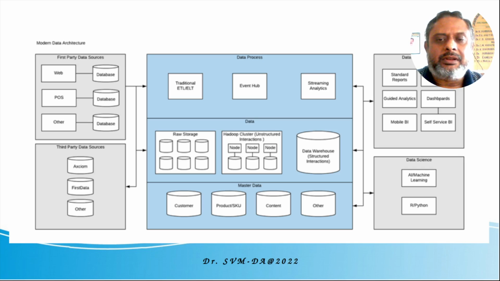Event hubs are there, and we have streaming analytics. Then coming to the second part, there is a raw storage available, and there are various others like the data warehouse, where all structured interactions are kept. Unstructured interactions we can have in the Hadoop clusters, or we can have simple raw storage. And at the bottom, we can see there is master data about the customer, about the product, about the content, about other issues.